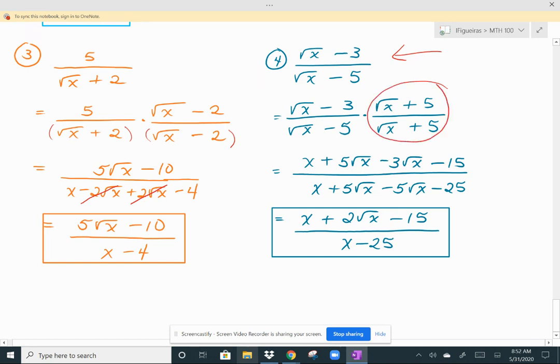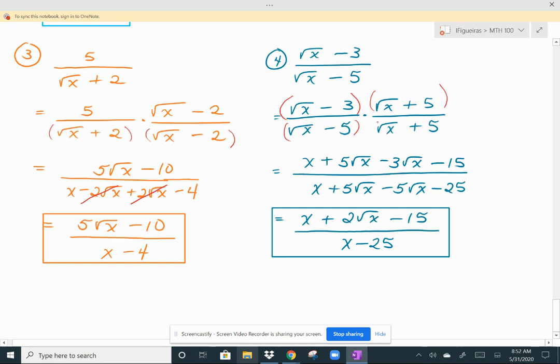On the top, because I have a binomial and a binomial, so 2 terms multiplied by 2 terms, you have to FOIL. So I get first is x, outer is 5 root x, inner is negative 3 root x, and last is negative 15. And my denominator, you're FOILing as well. Again, first, outer, inner, last.